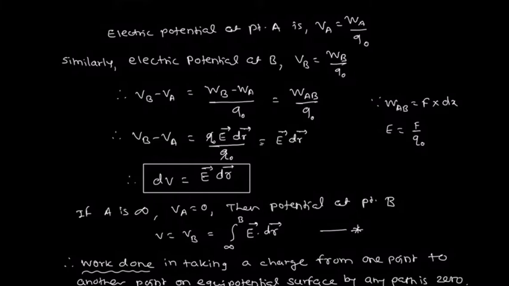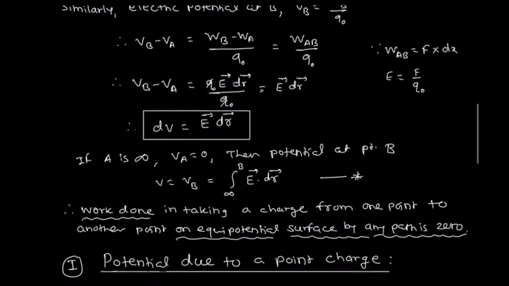And if the electric potential is the same at every point, that surface we call an equipotential surface. In such a case, what is the work done? Work done in taking a charge from one point to another point along any path is always 0.